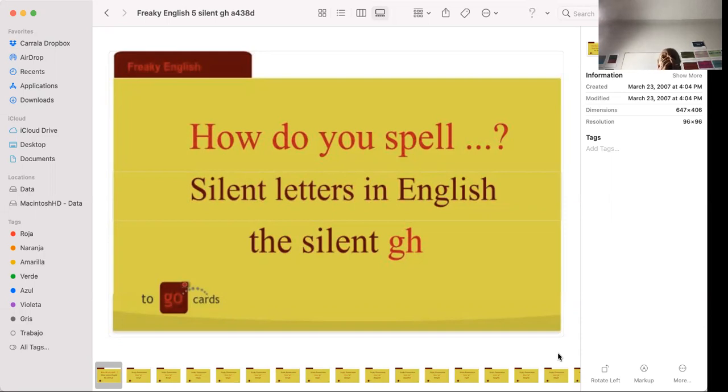See, let me tell you why I started making these cards. I began teaching English in Latin America as a way of making money. And I quickly realized that there weren't cards or material for what I wanted to teach.